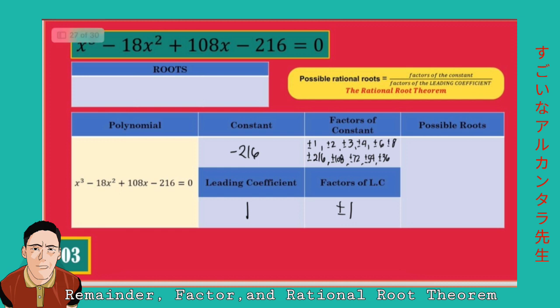So 216 divided by 8, you're gonna have 27. And this can still continue. 10? No. 12. Positive, negative 12.